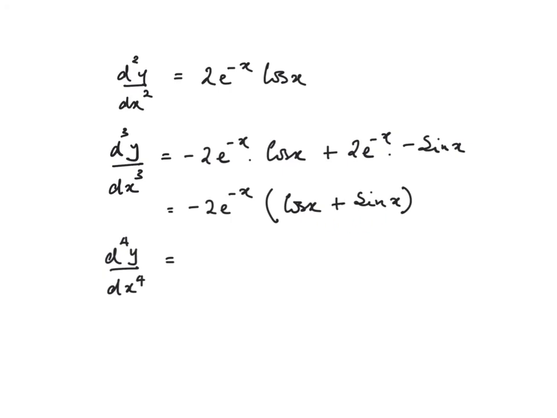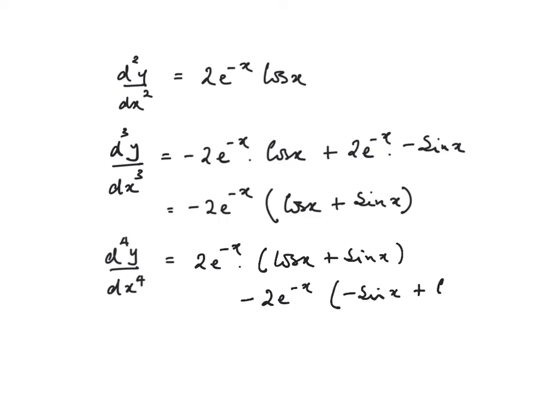So if I differentiate the first, I get 2e to the minus x, leave the second, if I leave the first, I differentiate the second, I get minus sine x plus cos x. I'm going to have to simplify, so I'll take out 2e to the minus x, cos x plus sine x.